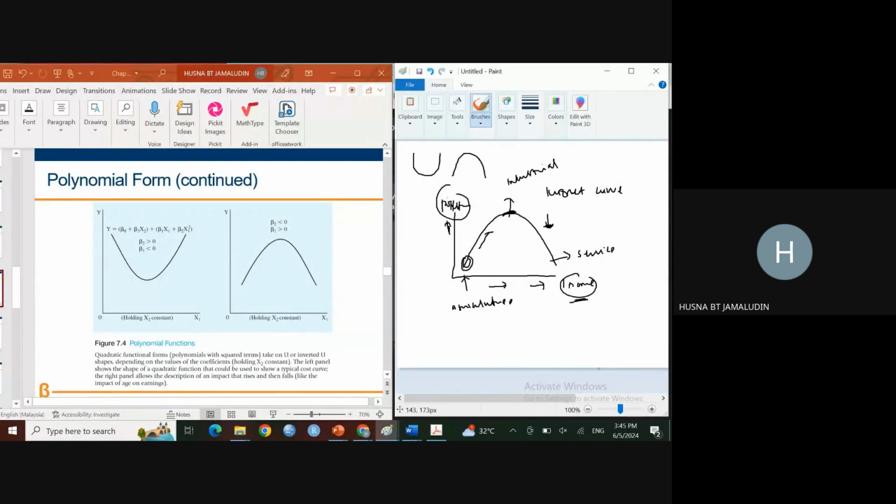Well, can someone give me the relationship between your independent and dependent variable in the case of a U-shape? Anyone can think of any relationship, any economic relationship? Did you understand how come you have this inverted U shape? Is it clear? Clear. Okay, how about the U shape?